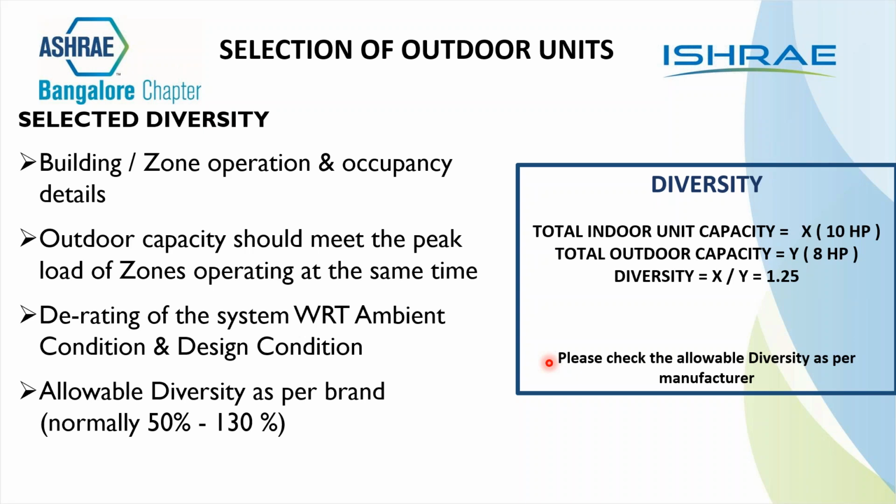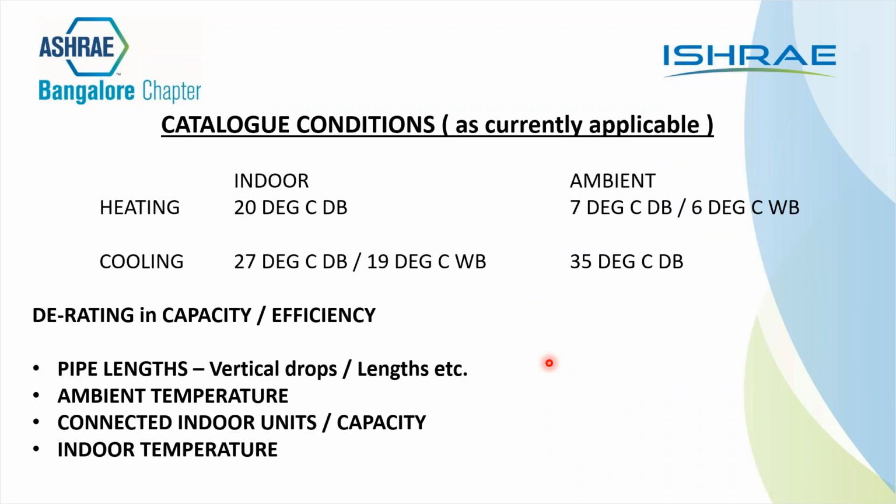Then, coming to what I was explaining about the conditions, look at the condition. What do they say here? At 35 degrees centigrade is what the catalog says. That means if it is a 10-ton air conditioning system at 35 degrees centigrade, it will give 10 tons, meaning it can remove 1,20,000 BTU of heat. But if it becomes 45 degrees, it may not remove 1,20,000 BTU of heat.